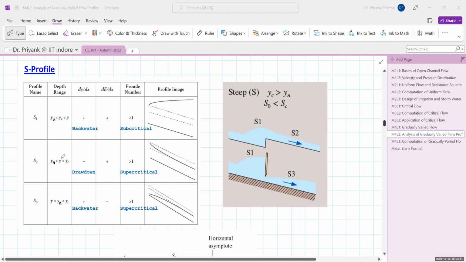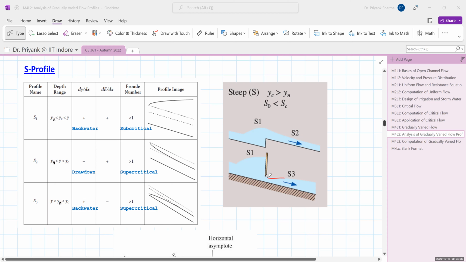The S2 profile is in zone 2. So it is a drawdown profile and it is in supercritical flow. So we can see this is a drawdown profile. What we saw so far is that the zone 2 profiles have been of the drawdown type. S3 is a backwater profile because yn is less than both y and yc, and the flow is supercritical.